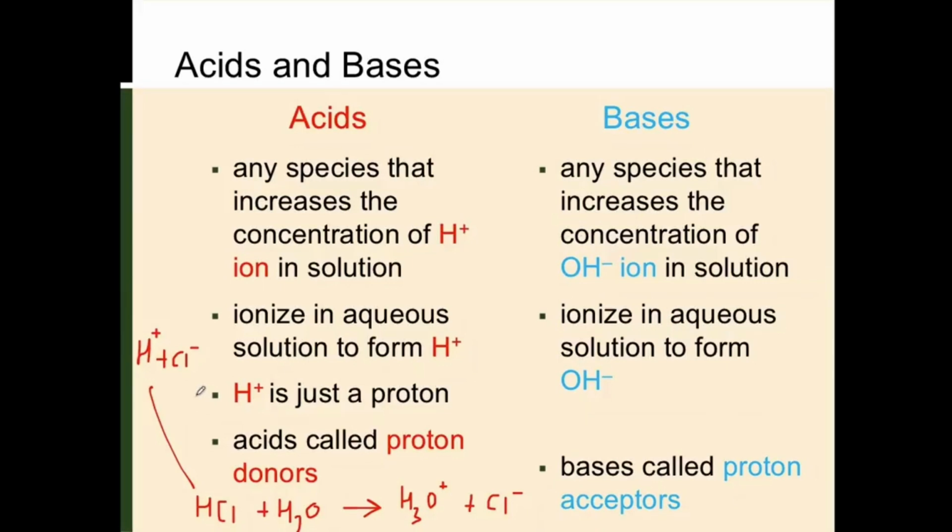But when we dissolve it in water, those ions separate into sodium and hydroxide, and that is a process of ionization. Bases are called proton acceptors. For example, our ammonia has a lone pair of electrons, which can accept a proton from an acid or from solution.